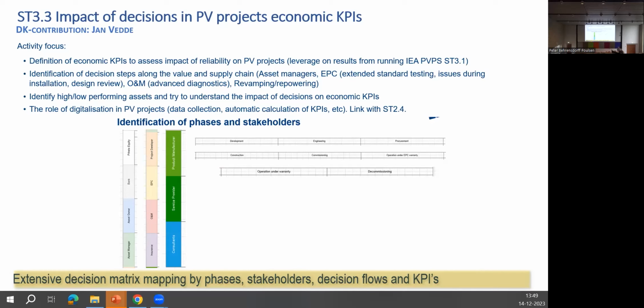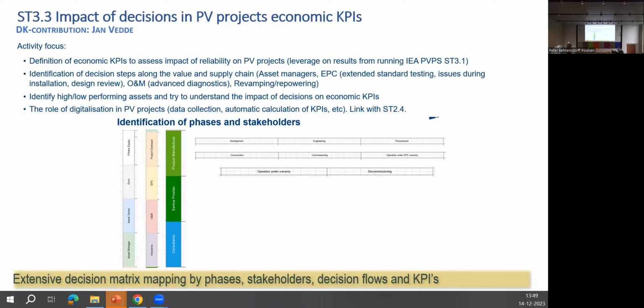So what are actually the different steps in a PV project development phase? What are the concerns and analysis and activities that are included in each step of the work? And here you see that the phases is like from development, engineering, procurement until operation and decommissioning.